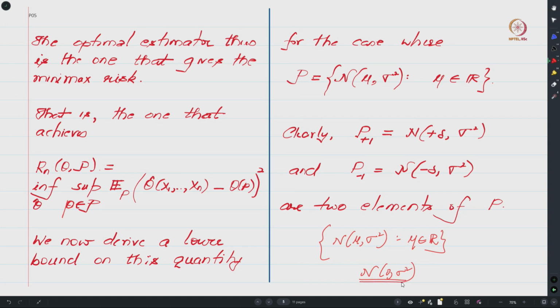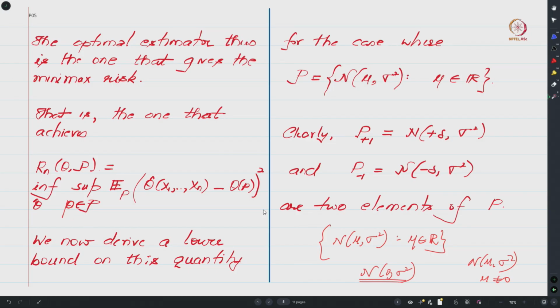For this distribution, the best estimator is 0. However, if you give 0 as the answer always, then you are not going to be able to do well when your mu is actually not equal to 0. Is this okay? So in this sense, we want to evaluate the performance of any estimator in a worst case sense over here.